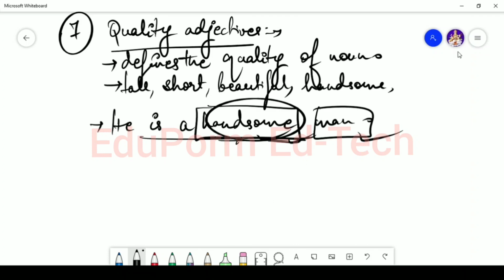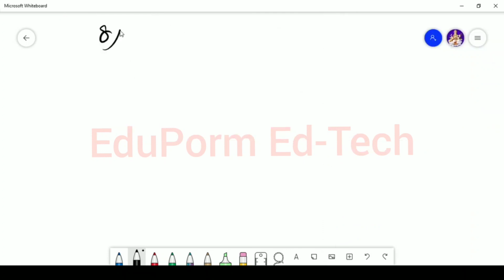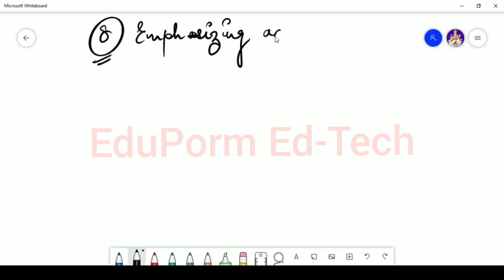Okay, let's talk about the next adjective. The next one is emphasizing adjectives. Now what are emphasizing adjectives?